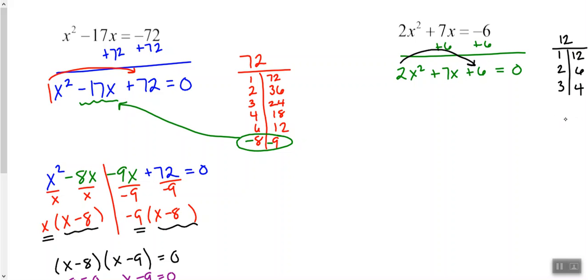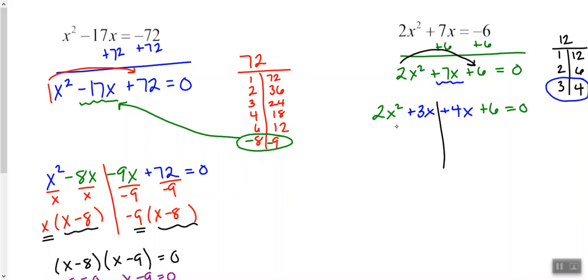And I can also use the negative versions of those as well. But for this one, I need to add to a positive 7, which 3 plus 4 gives me. So now if I rewrite it, I have 2x squared, then plus 3x, plus 4x, plus 6, still equals 0.